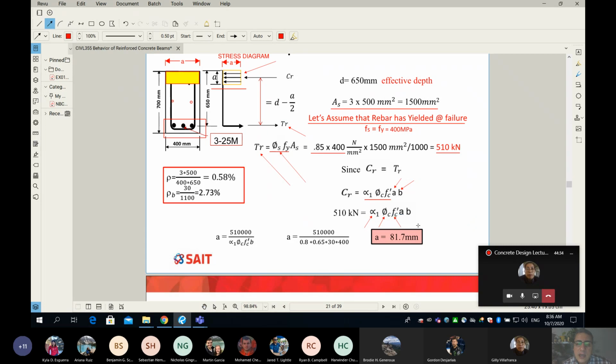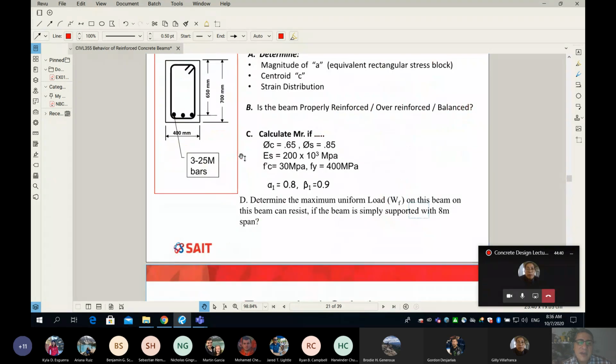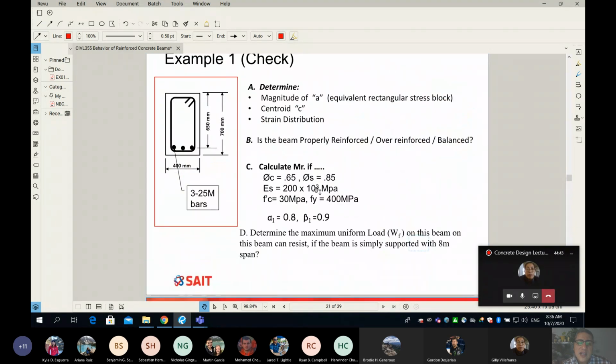Okay. How about B? It's the width of the beam. Again, remember we're solving this beam here, and the beam width is 400, and the Fc dash is somewhere here. It's 30 MPa.